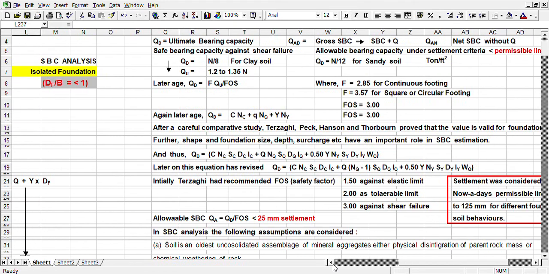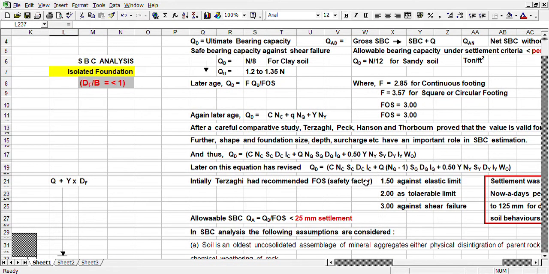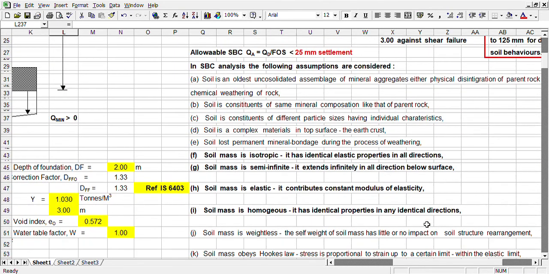Now you see, at present the equation has been further modified. Initially it was Nq sq dq iq. Now it is Nq minus 1 sq dq iq. This is some development. New concepts have been developed and accordingly it is accepted by all.